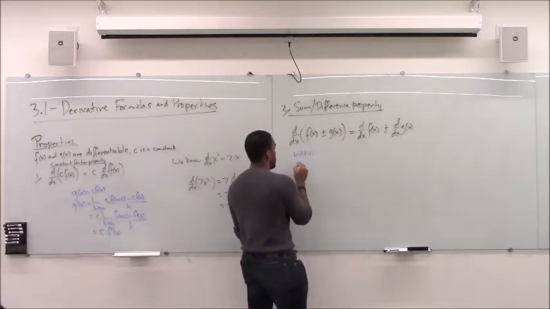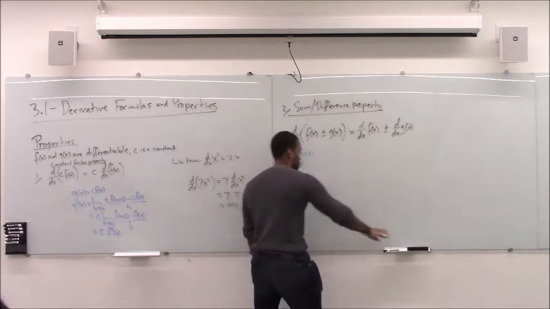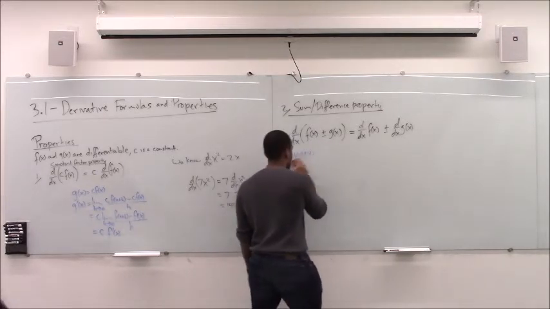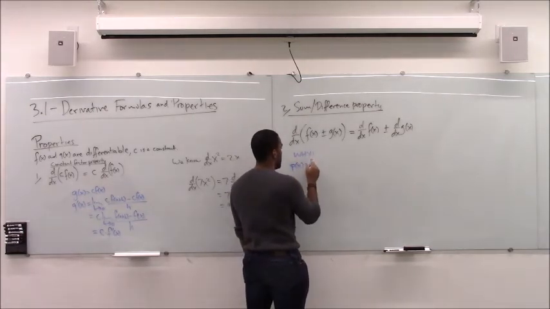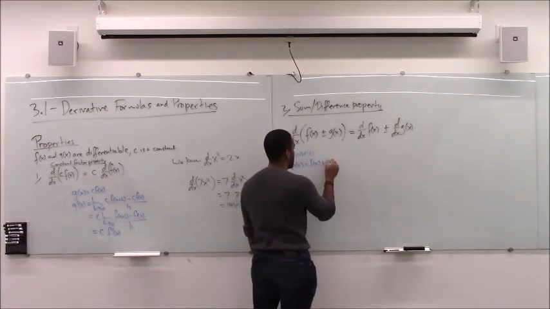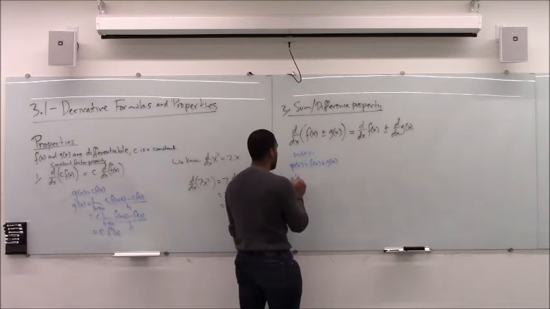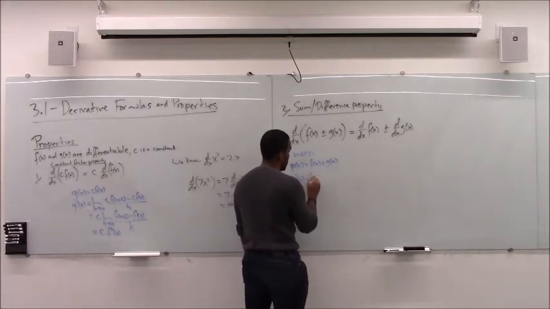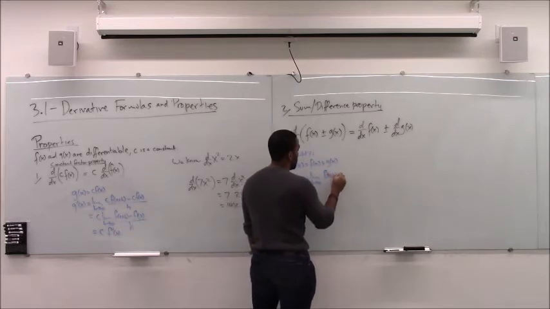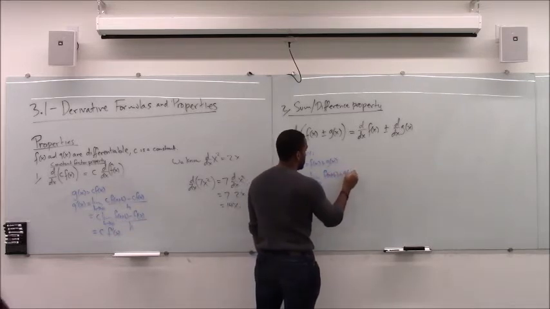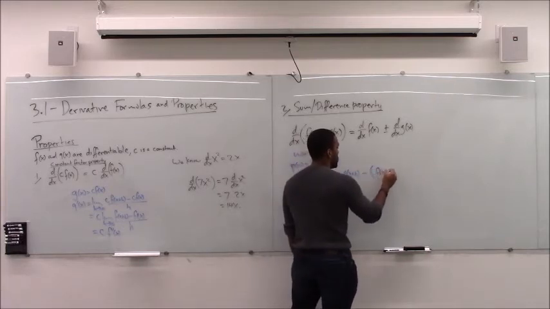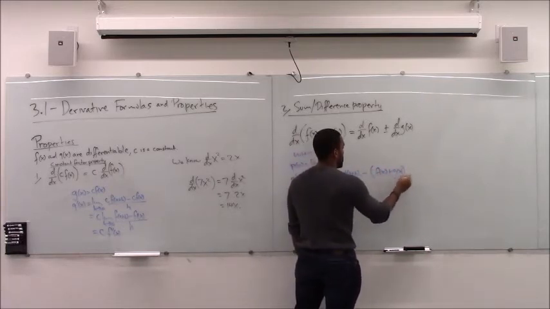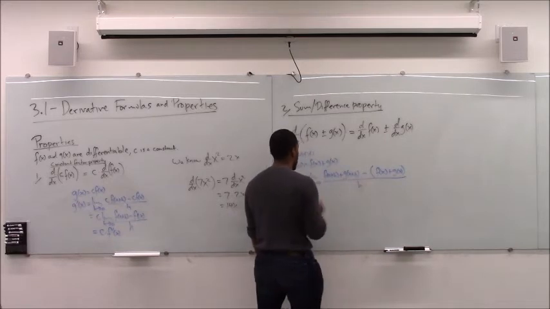And of course, if you want to know why, suppose we define a function p of x to be the sum of f of x and g of x. What would the derivative of p look like? Well, it's the limit as h approaches 0 of p of x plus h, replacing the x's with x plus h, minus the original function, all over h.